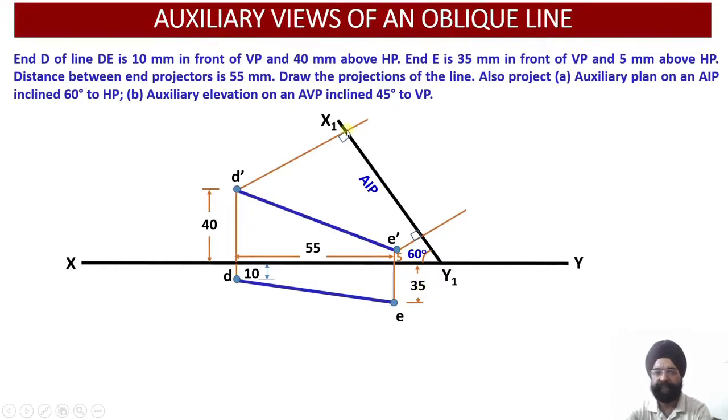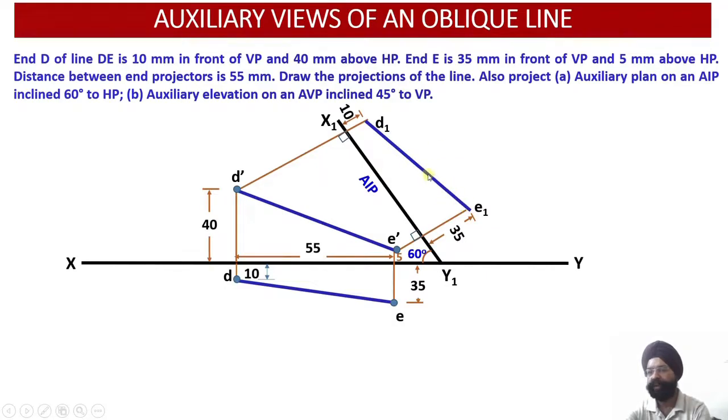I will be drawing 10 millimeter along the D dash projector line from x1 y1, in front of the plane, and similarly 35 millimeter distance from x1 y1 in front of the plane. Both of these distances are positive. So points D1 and E1 of the auxiliary plan have been realized, and I will be joining this line.